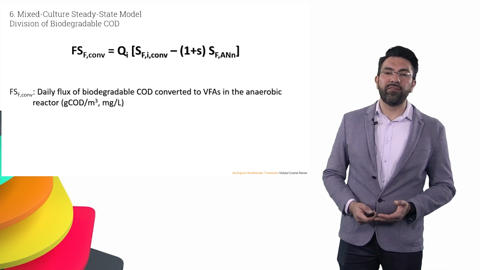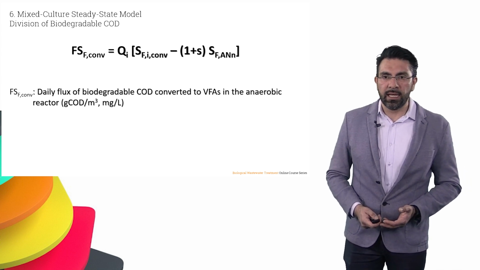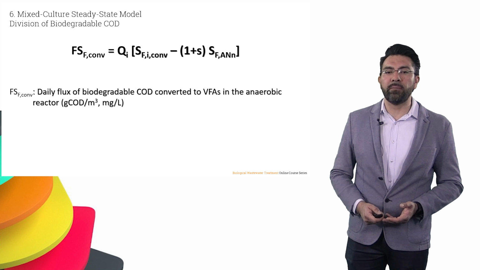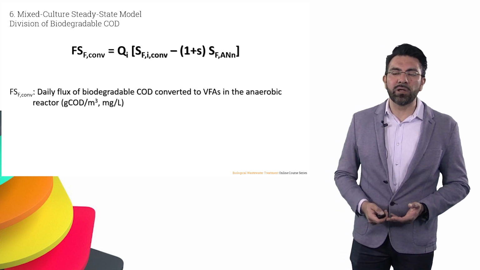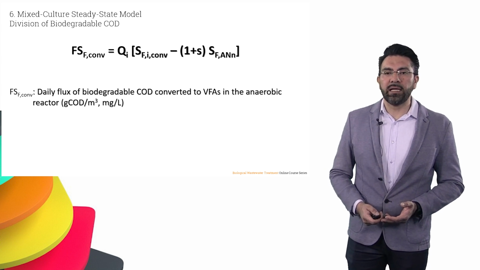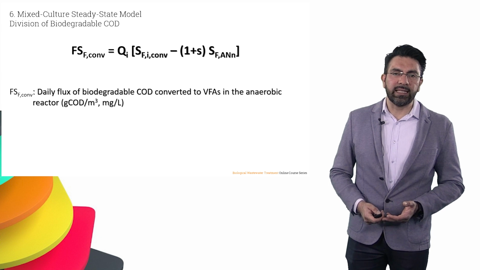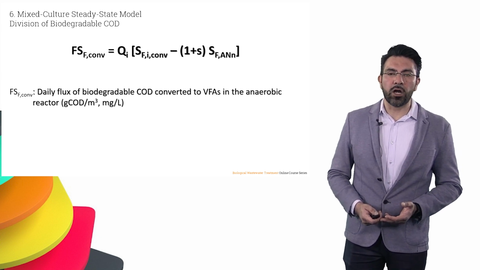Once we have estimated the total amount of fermentable COD that can be converted and the amount of fermentable COD that escapes from the system, we can estimate the actual amount of COD that is fermented and stored in the anaerobic reactor.